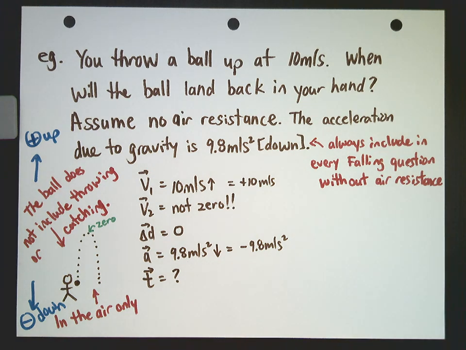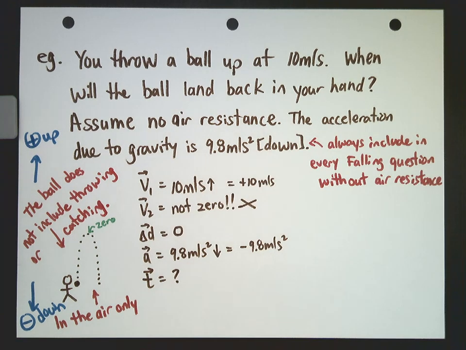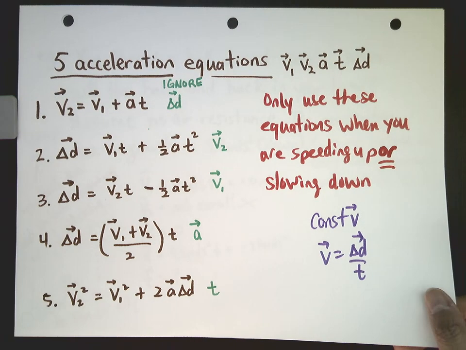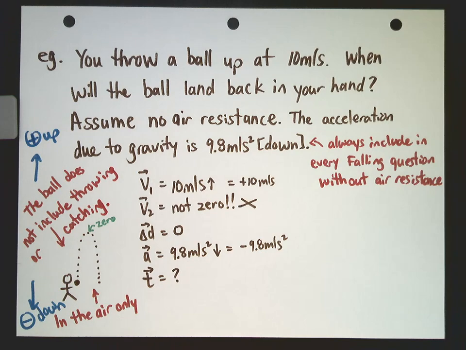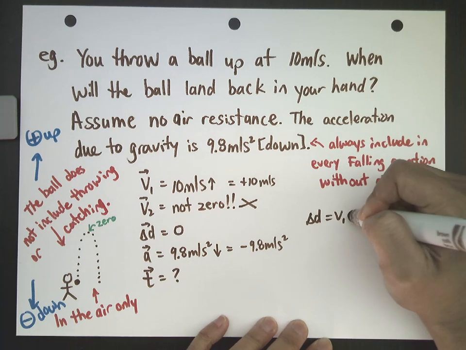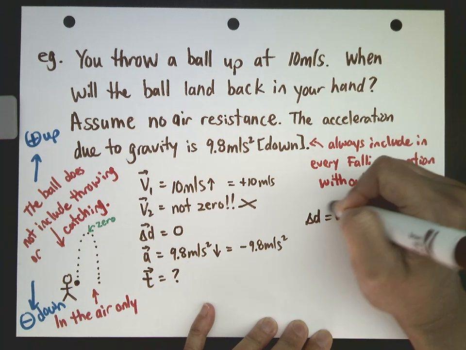So which part is missing? Well, technically, v2 is the one that is missing. So let's go over here to v2 that is missing, and oh look, we're going to do equation 2. So here is equation 2: d equals v1 t plus half a t squared.